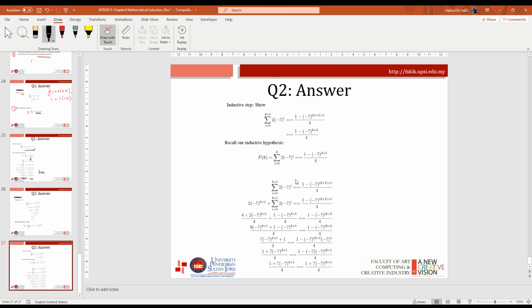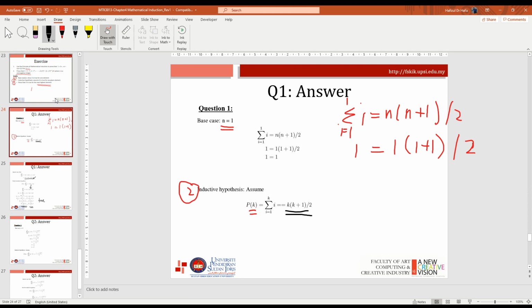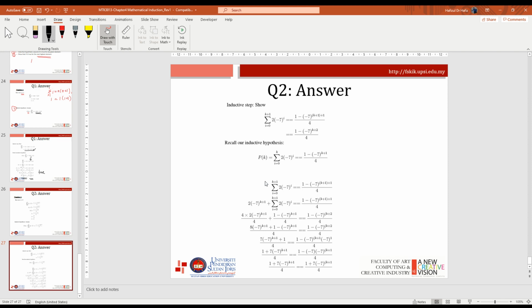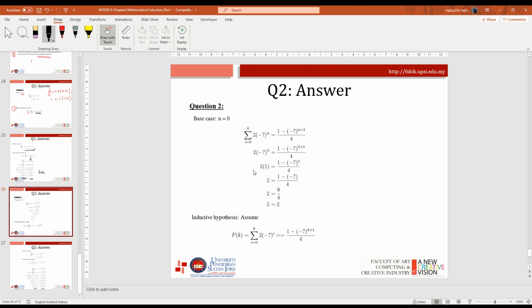For the second inductive step, we got for the base, question 1, and it's a non-negative integer. We got the same answer. We recall the inductive step. Base, we got the same also, 2 equal to 2.